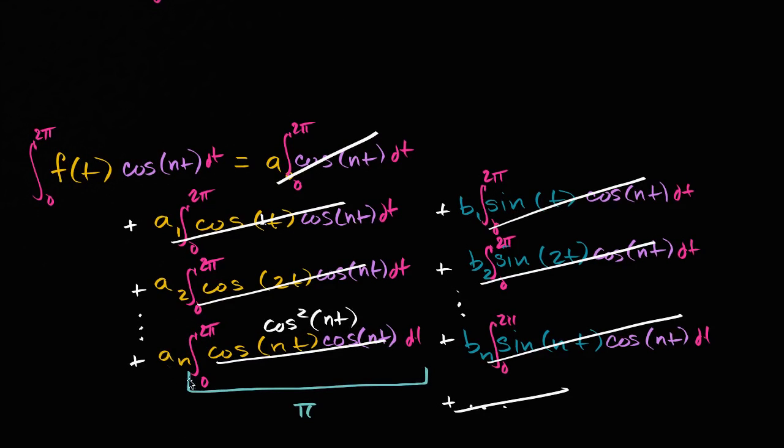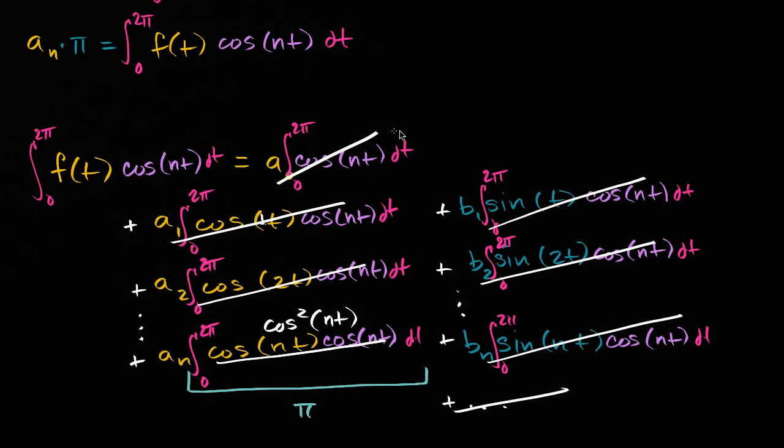And so now we can start solving for a sub n. We know that a sub n times pi is equal to the definite integral from 0 to 2 pi of f of t times cosine nt dt, because everything else ended up being 0, which is very nice.